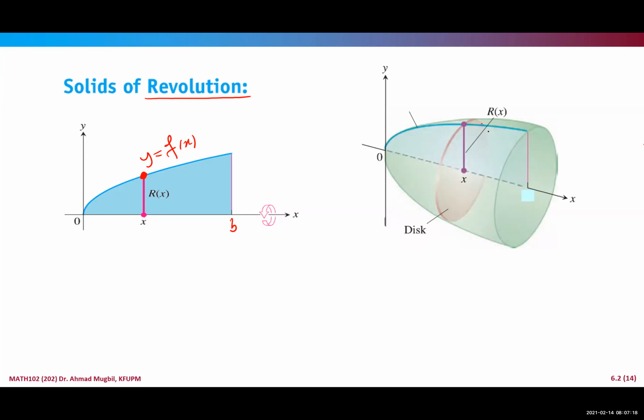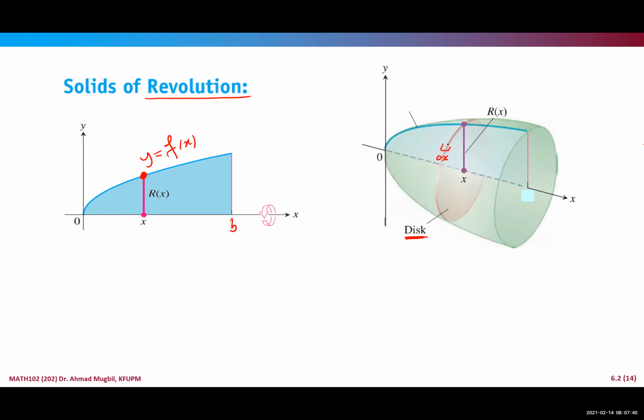If you look at the piece that you have, you will see a circle. Indeed, it is a circle with some thickness. When you have a circle with some thickness, we call it a disk. So this is a disk. It is very thin, and the thickness is delta x.